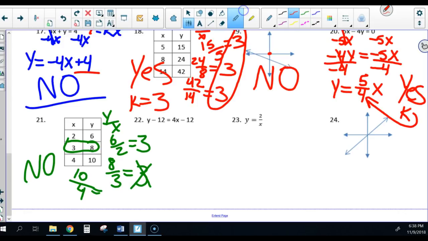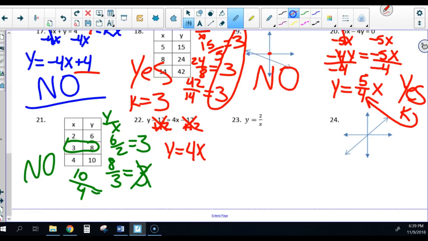22. Y minus negative 12 equals 4x minus 12. Can this be put in y equals kx? Well, if I add 12 to both sides, negative 12, positive 12 cancels out. Y equals 4x, another negative 12, positive 12 cancels out.